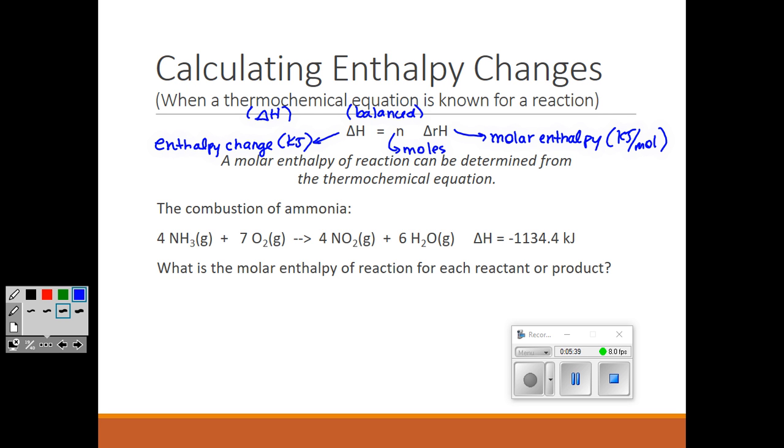So when you're using this formula, it's important that you recognize whether you have a value that's just in kilojoules or whether you have a value that's in kilojoules per mole.